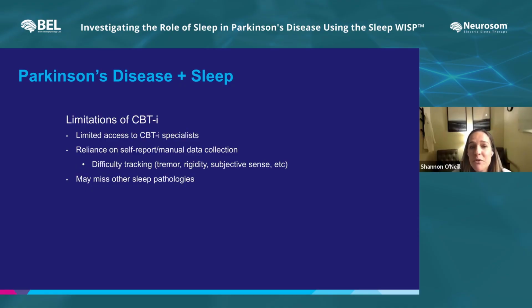The traditional pen to paper tracking can be frustrating for people with Parkinson's because of the fine motor skills involved. And then lastly, the range of pathologies to be diagnosed can't be captured with subjective tracking, needing more objective information.